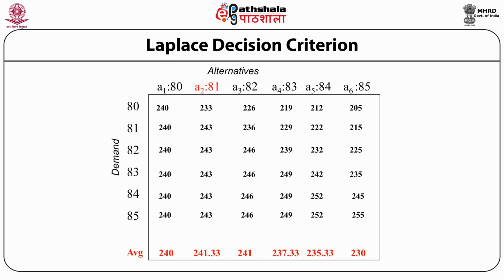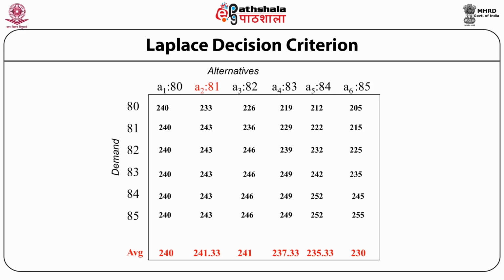Like when demand is for 80 packets, and if we take action A1, its payoff would be 240. When demand is 80 and if we take action A2, its payoff would be 233. When demand is for 80 packets and we take action A3, its payoff would be 226, likewise.